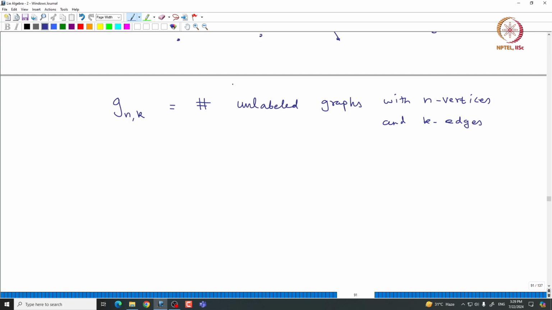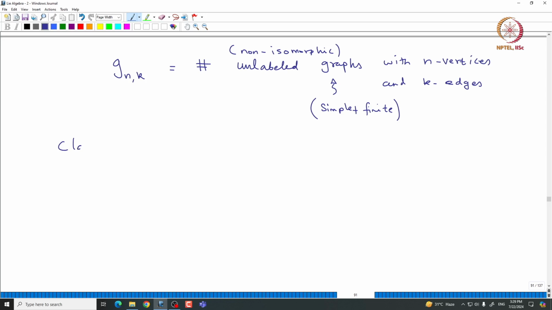Of course, we are always counting modulo isomorphism. We are only going to consider simple finite graphs.